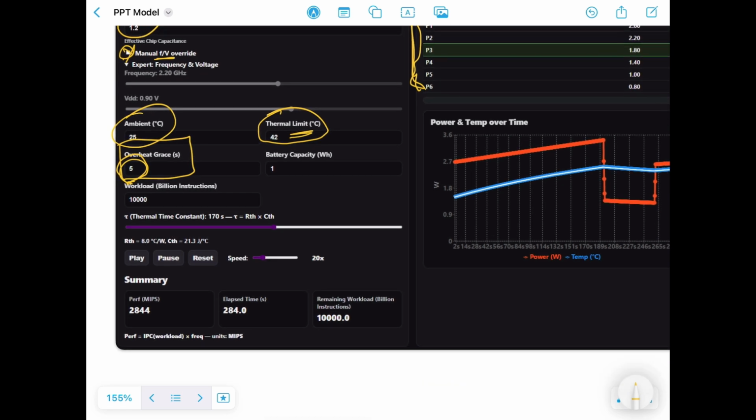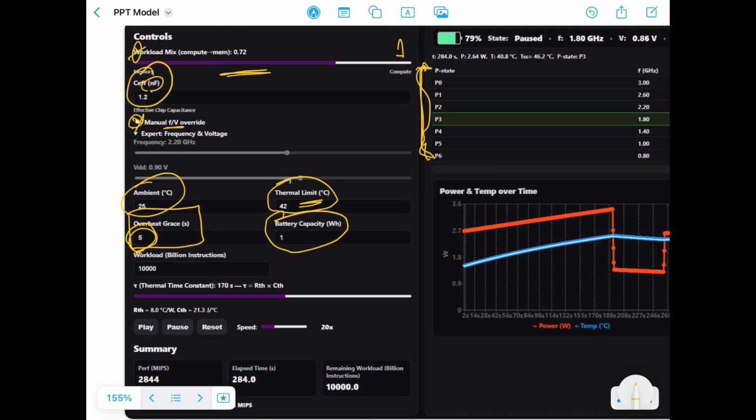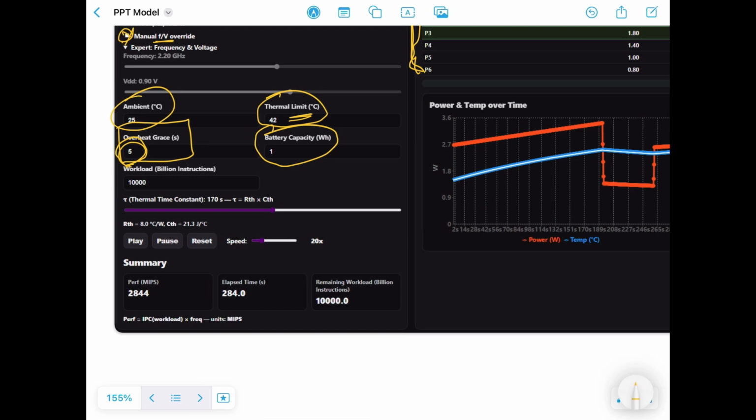And the user can also set the battery capacity. Here I'm using 1 watt hour to show what happens if the workload is too high, and how the battery gets drained.